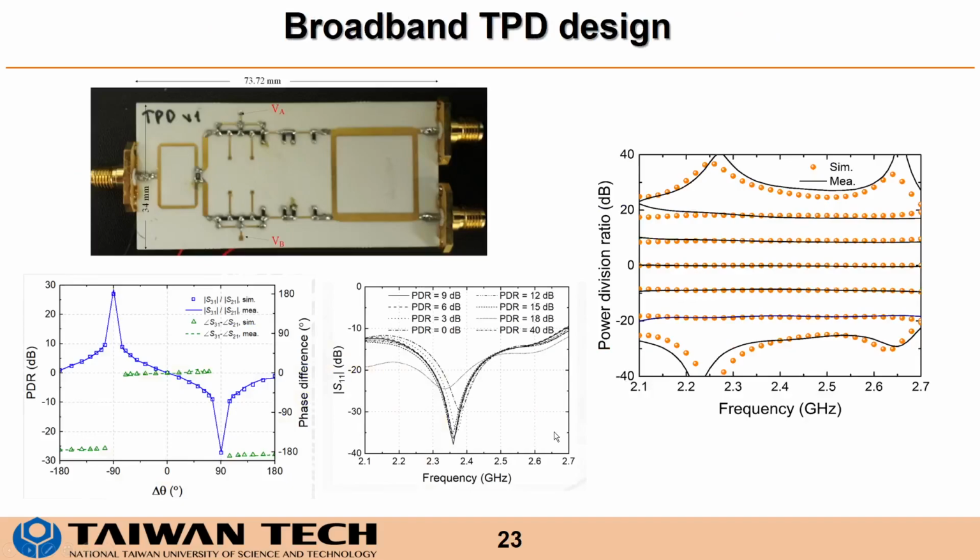So with the TPD, the core enable element of the structure, we got the performance like this. The S11 represents the matching condition, and also the PDR can vary from -20, -30 to 30 dB, which is a very wide range of power division.